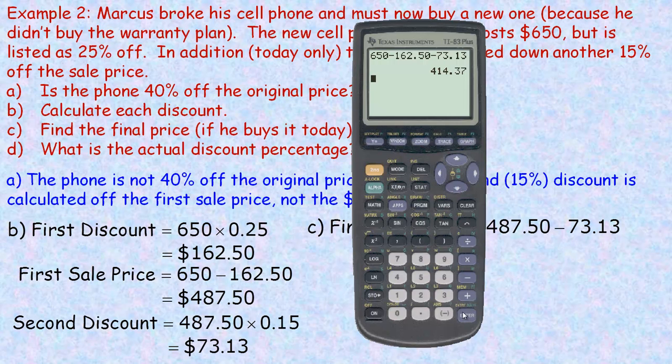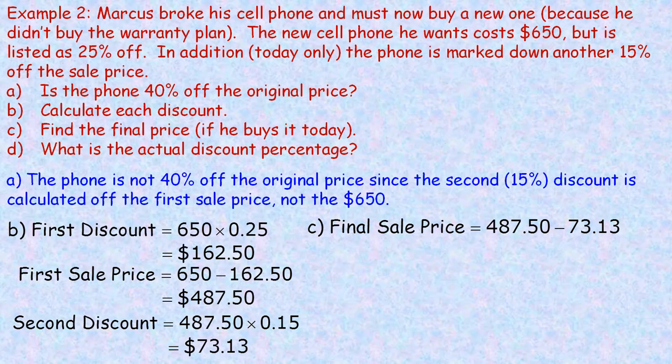That will work as well and give us the sale price. So 414.37, no matter which of those two ways you do it, is the final sale price after the 25% is taken off and then another 15% off.